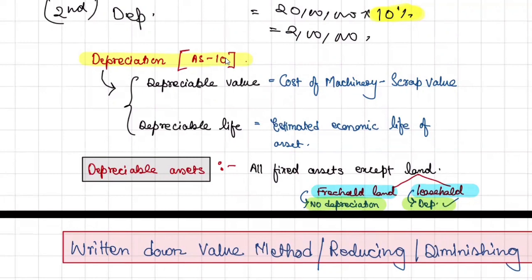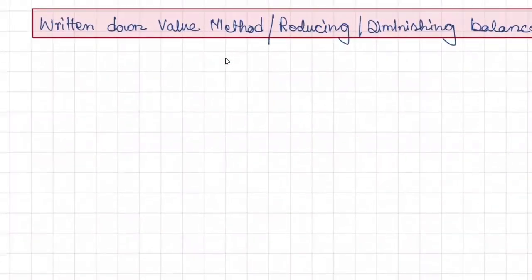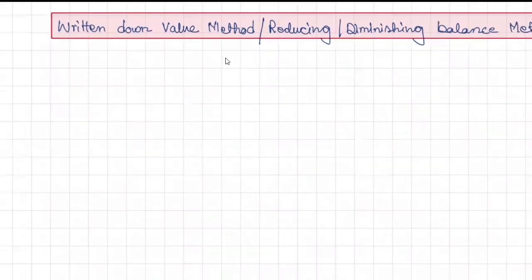I don't expect such deep questions to come, but when we know it, we should always discuss it. Now, the straight line method was done in the last session, and whatever you have done, all are correct.